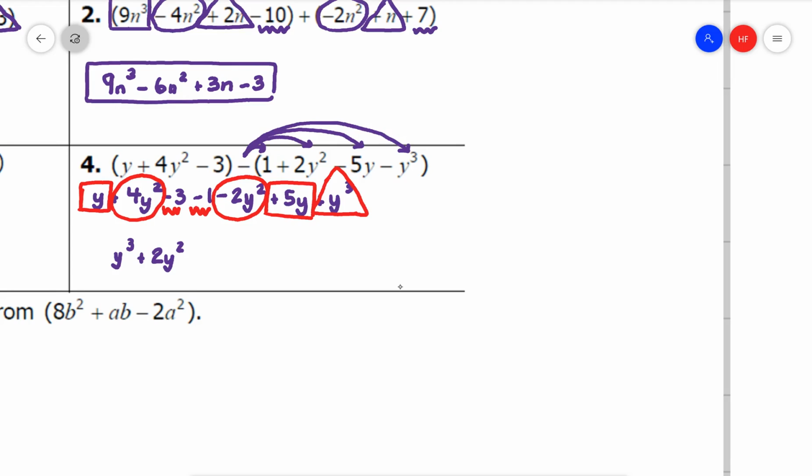The next one would be just my plain y's. So y plus 5y gives me 6y's. And then negative 3 minus 1, which is negative 4. Since I counted down with my degrees, I know that I'm in standard form.